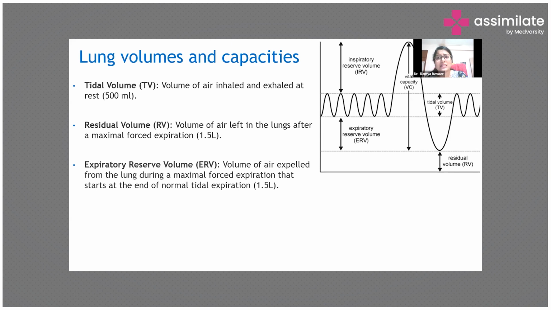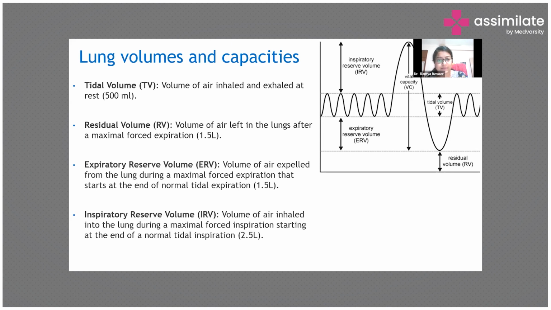And then there is something called the inspiratory reserve volume and the expiratory reserve volume. The expiratory reserve volume is the air that is expelled from the lung during maximal forced expiration starting at the end of tidal expiration. So after the tidal expiration is done, between the tidal expiration and the residual volume, whatever air we bring out, that is the expiratory reserve volume.